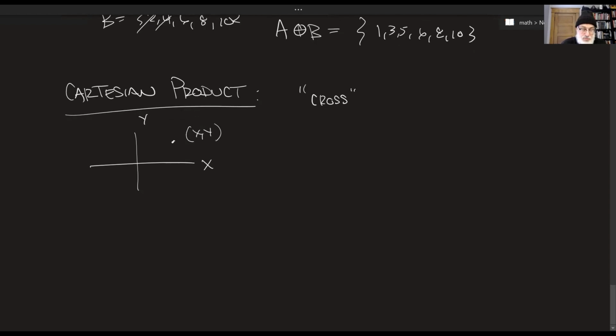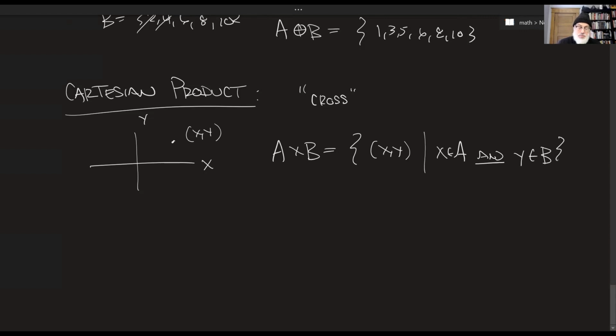Now, we sort of formalize this by saying that if I have two sets A and B, the Cartesian product of A and B will be equal to the coordinate pair XY such that the first component is a member of the set A and the second component, Y, is a member of the set B. So if I have a Cartesian product, I have a collection of XY coordinates where the first component is a member of A and the second component is a member of B.